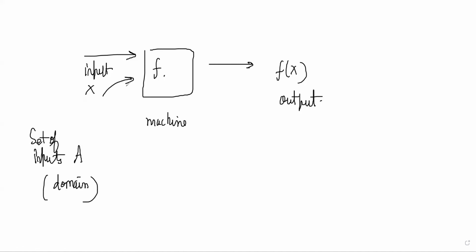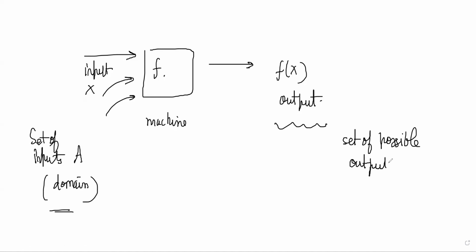So all the possible inputs to this function will come in the domain set, right? And the set of possible outputs will come under the set called B, which is called codomain. Are you understanding what I'm saying?